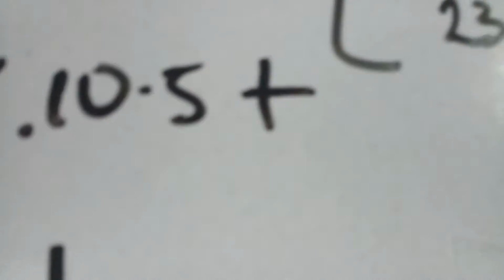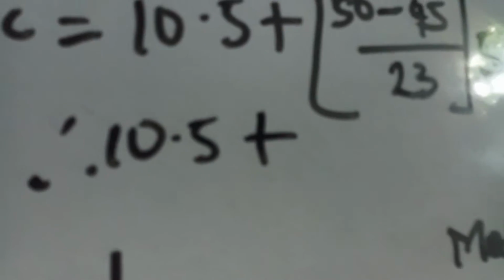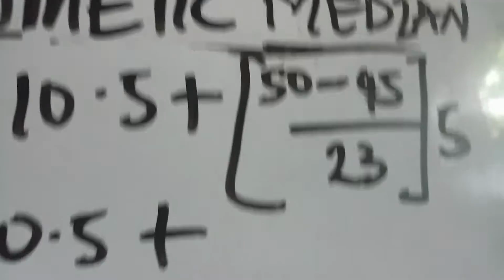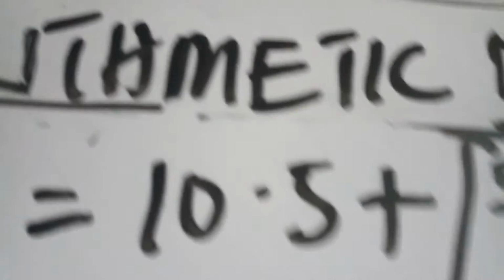So therefore 10.5 plus, by the time you work all this, 50 minus 45, that's 5 over 23, all times 5.